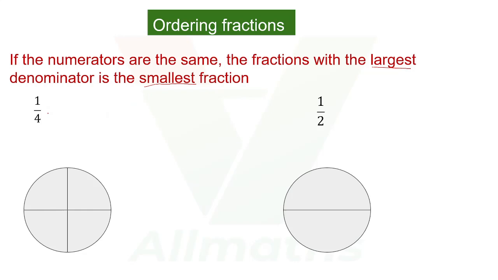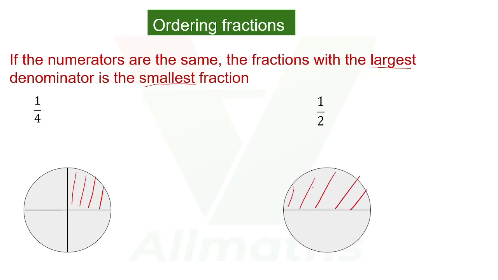So what do we mean by 1/4? Meaning that I have an object 1 and I divided it into 4 equal parts. So 1/4 is just taking a portion of these 4 equal parts. Now 1/2 means the same object 1, but I only shared it into 2 equal parts, meaning that I only shared it with 2 people.